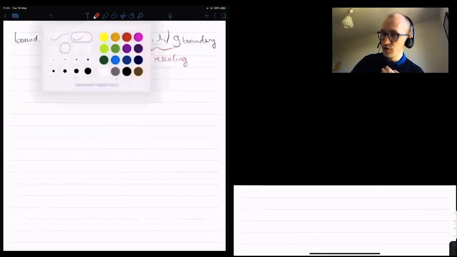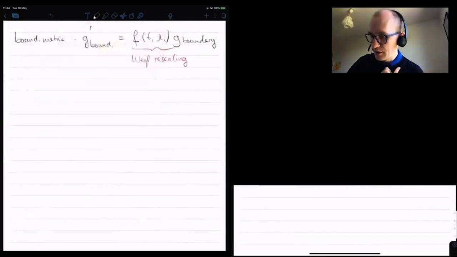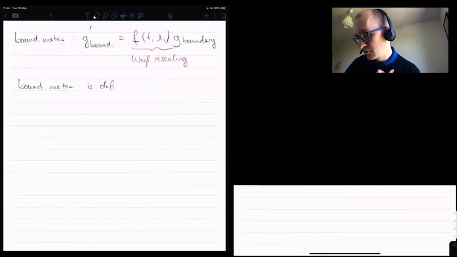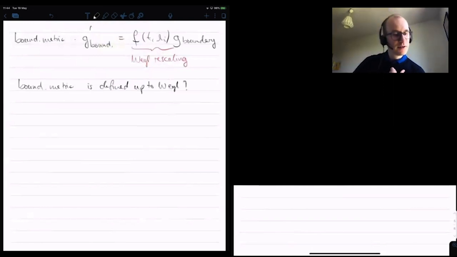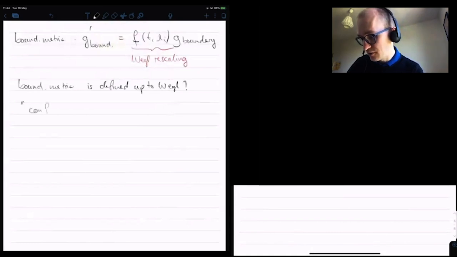So tentatively, what we say is that the boundary metric is defined only up to Weyl rescaling. And actually, this is a well-known situation in, say, differential geometry, and in this context is referred to as a conformal class of metrics.